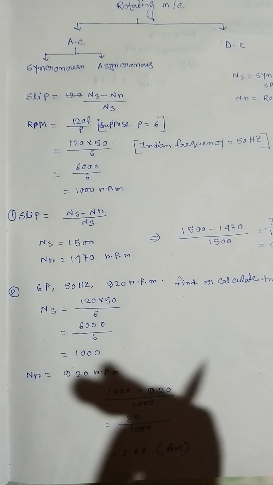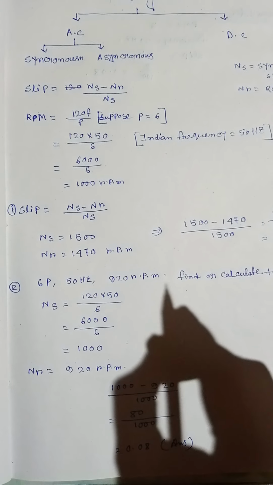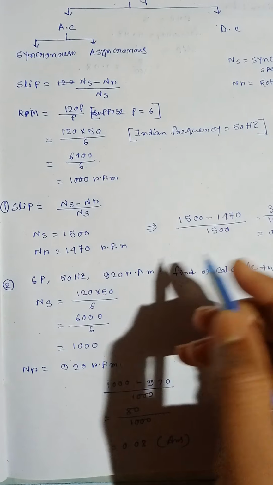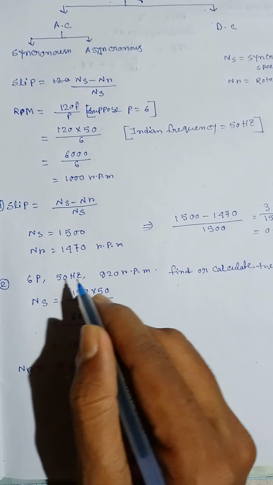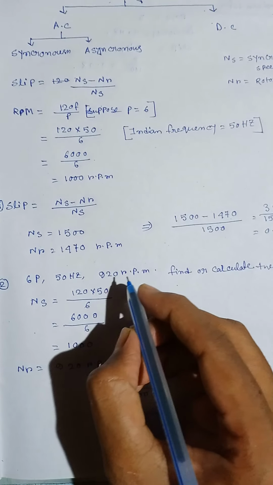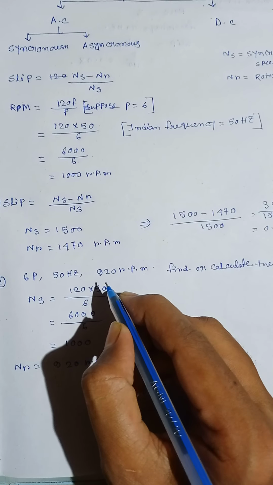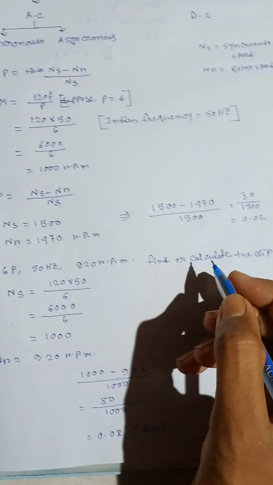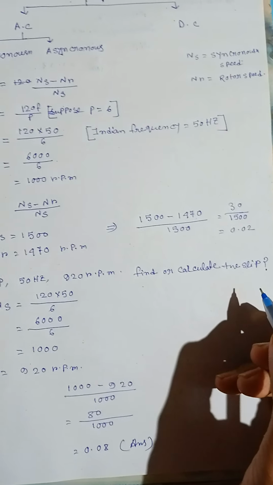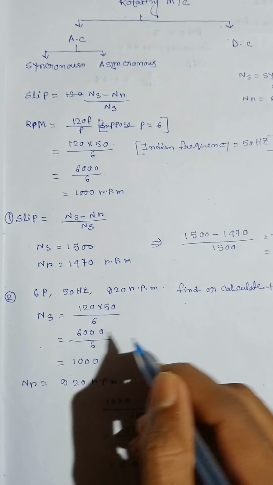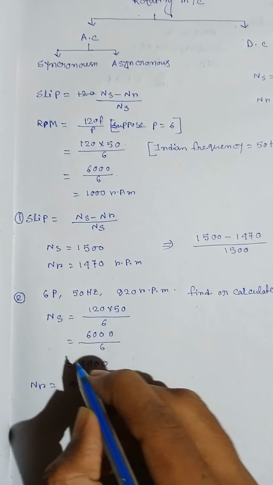And then we go to the second numerical, where we consider the pole is 6 and supply frequency 50 Hz, the rpm is 920. Find or calculate the slip. Okay, at first we calculate the ns.